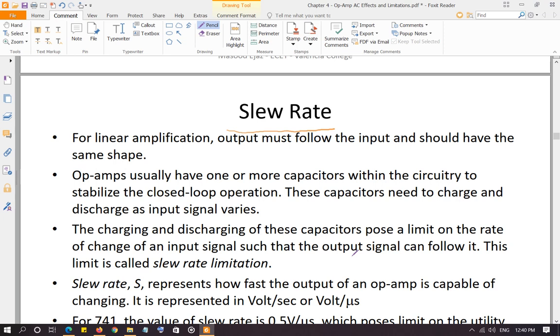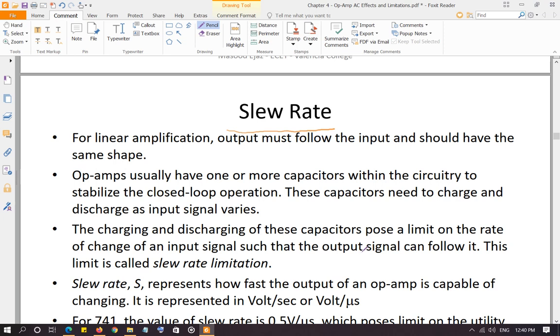So in other words, if the input frequency increases so fast that the charging and discharging of the capacitor is taking longer than the cycles of the input, then the output cannot follow that fast cycle, because the output depends upon how fast the capacitor is charging and discharging.